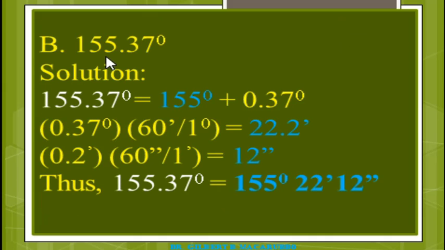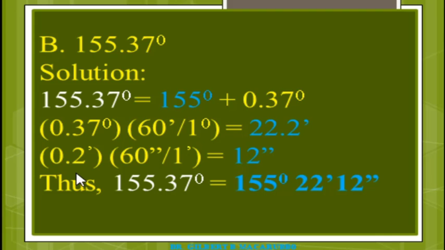Letter B, 155.37 degrees. This is just equal to 155 degrees plus 0.37 degrees. Converting 0.37 degrees into minutes, we multiply 60 minutes over 1 degree, so that the degree will be cancelled out. This is just equal to 22.2 minutes.